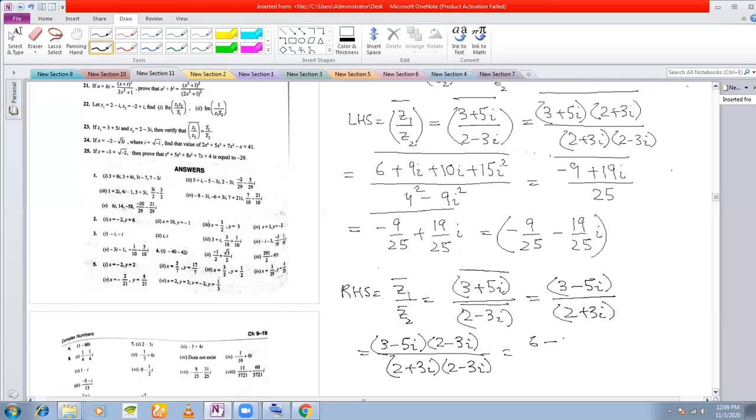Multiply: 6 minus 9i minus 10i plus 15i square, divided by 2 square minus 3i square, 9i square actually.